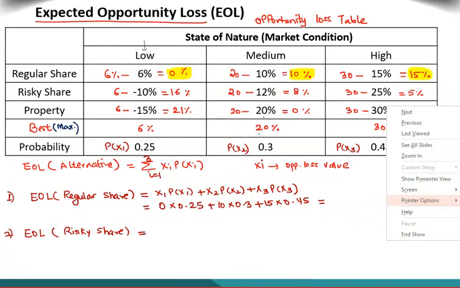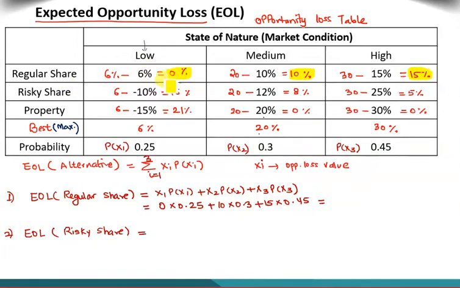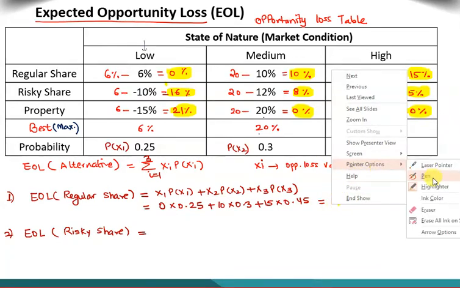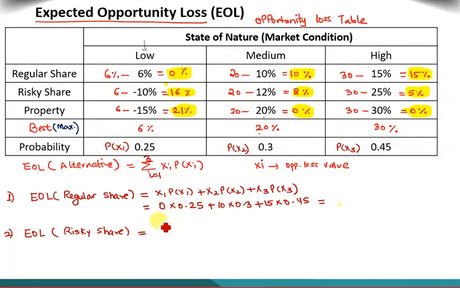Probabilities remain the same, but here for risky share we are going to use 16%, 8% and 5%. These are the values that we have to use in the new table. The highlighted values represent the values of the opportunity loss table. So it will be 16 times 0.25 plus 8 times 0.3 plus 5 times 0.45.